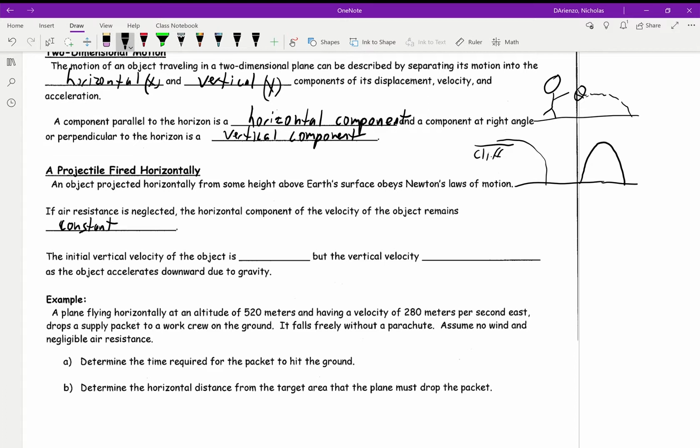Before the object falls, the initial velocity in the y direction, or the vertical velocity, is going to be 0. It's not moving, hasn't been projected, hasn't been launched yet. But as it does fall, the velocity is going to increase, and that's due to the object accelerating downwards due to gravity.